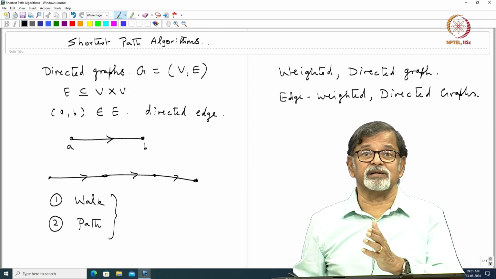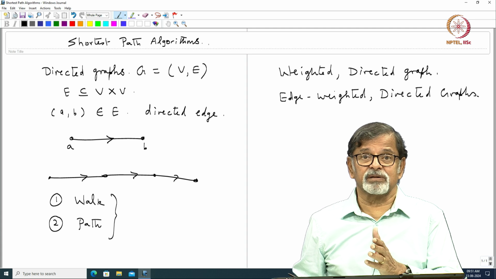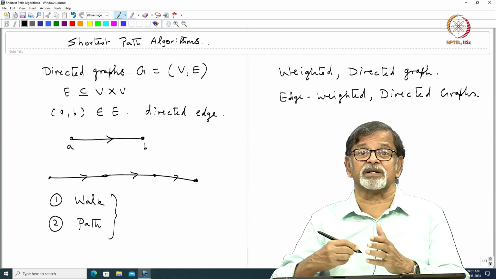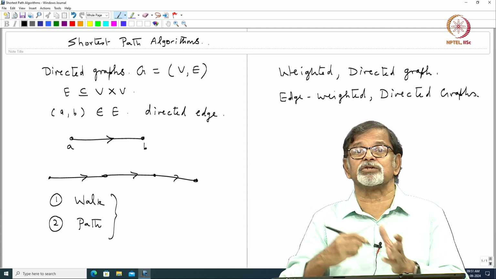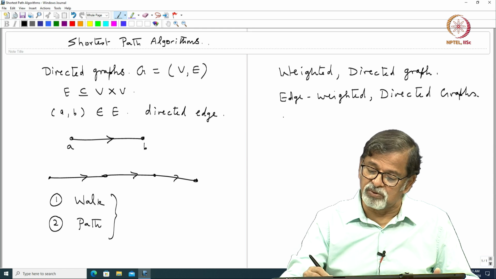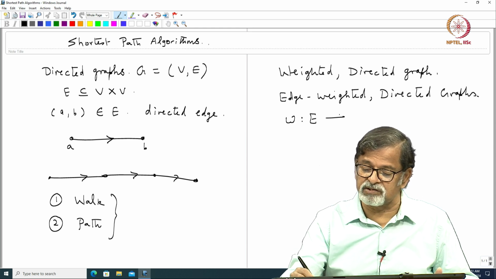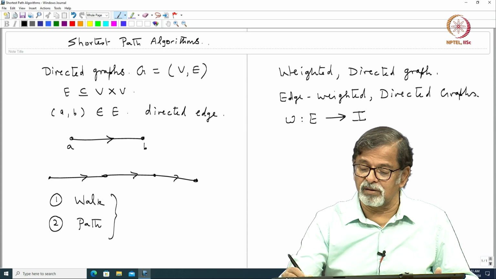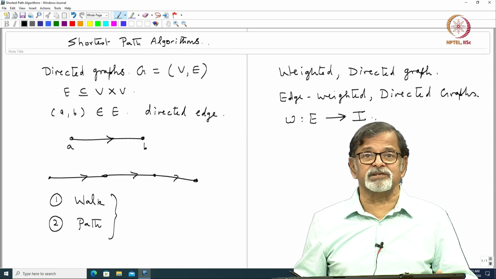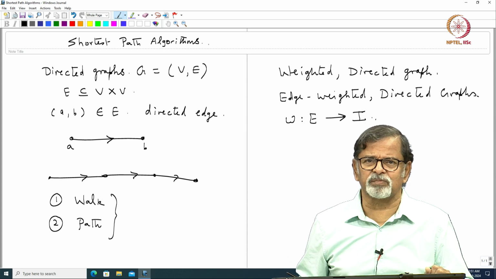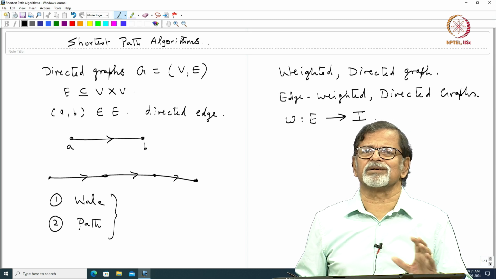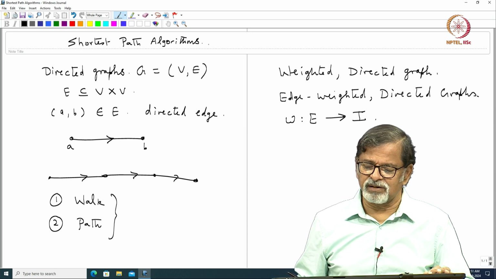An edge weighted directed graph will have a weight function associating weights to each edge. So, we will have a weight function W that goes from the edge set to integers. We assume for our purposes the weights are all integers.